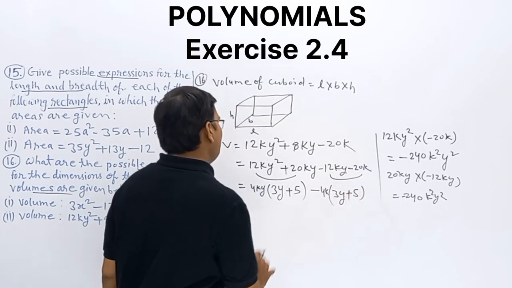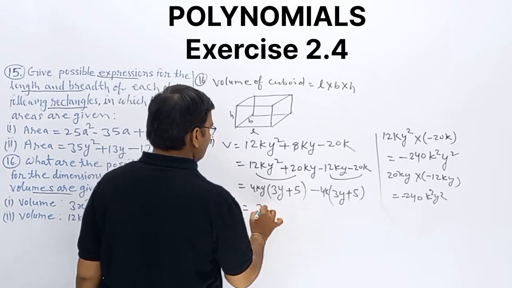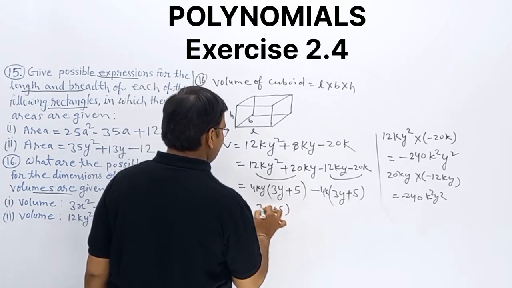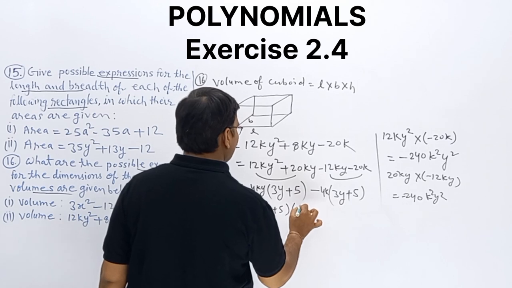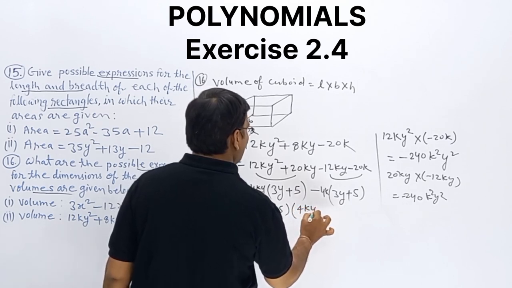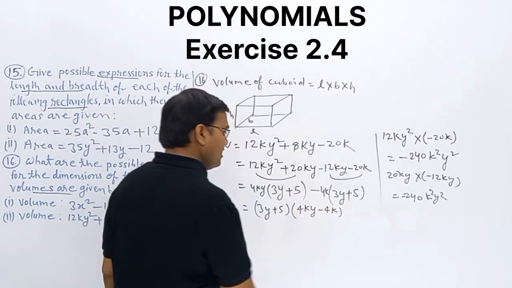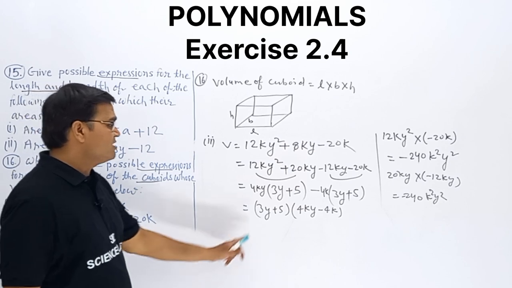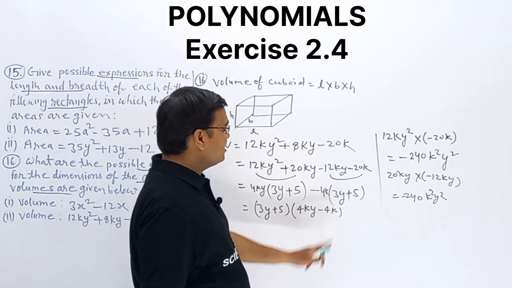So both brackets are the same. So we can say (3y plus 5) into (4k y minus 4k). Clear? So this is one factor and this is the other one.